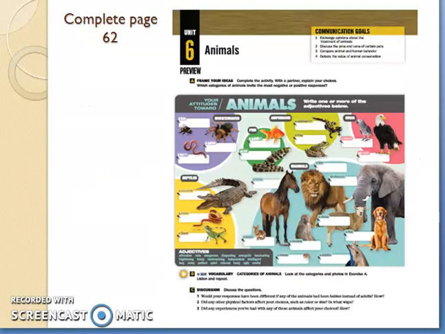Let's complete our frame your ideas, which is exercise A. As you can see, you can write one or more of the adjectives below. In this part of your page, you have the adjectives. You have a lot of adjectives that we already mentioned in the past unit.